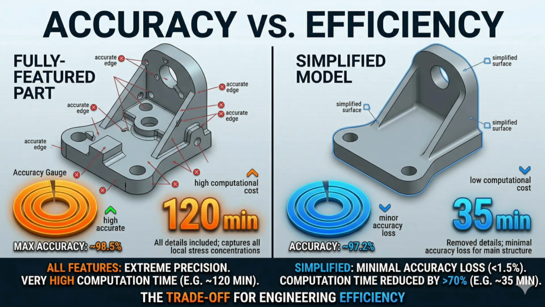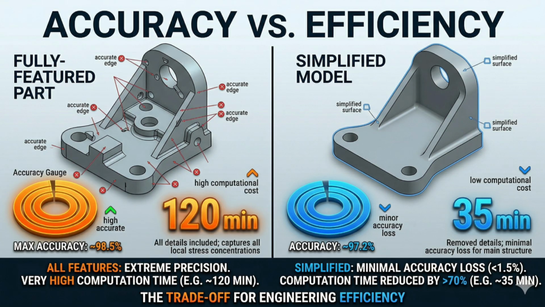This is an image which tells you about the accuracy versus the efficiency of the model. Suppose this is a full model, a full featured part, having all the edges, all the chamfers, all the blends, everything. All these edges and blends create very fine, very small meshes that increase the computation time of the system significantly.